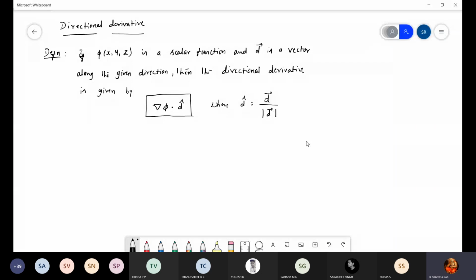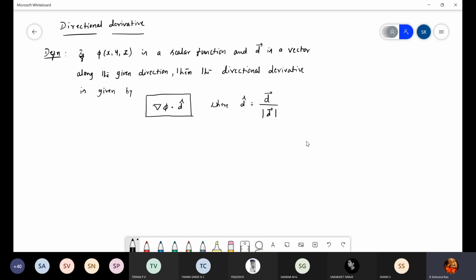Okay, so they will give phi, they will give one directional vector, you take d. So calculate grad phi and calculate d cap unit vector and calculate finally a dot product of both the vectors.